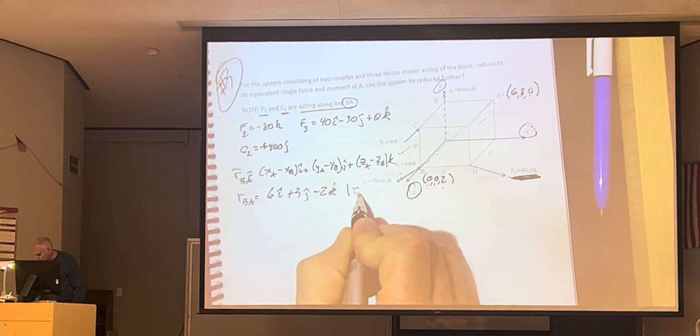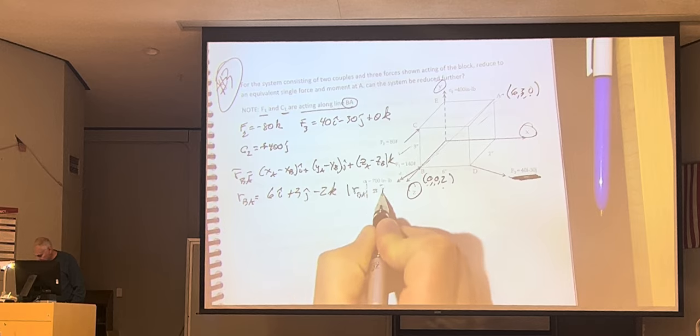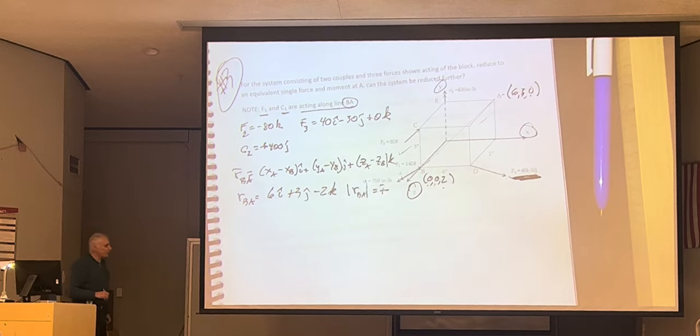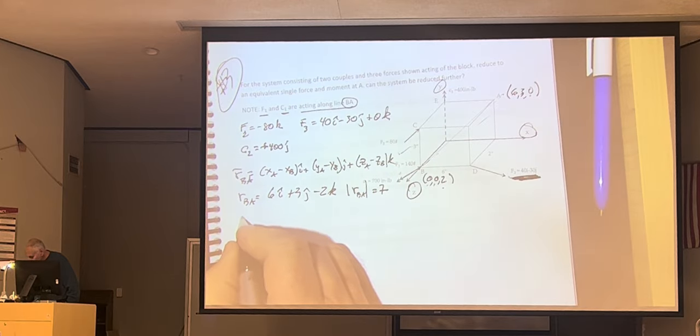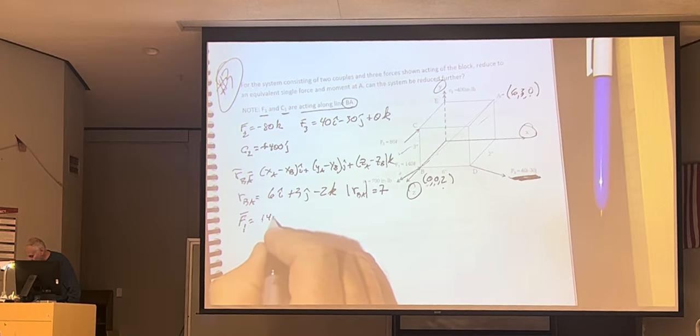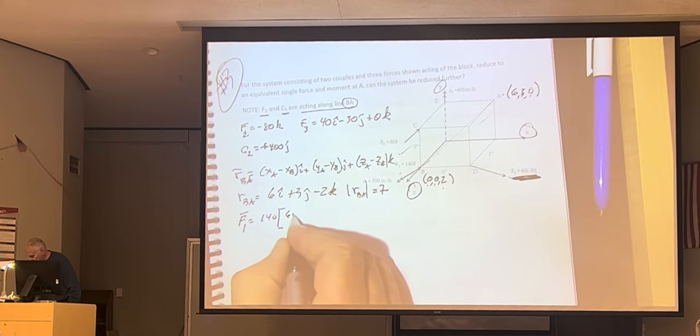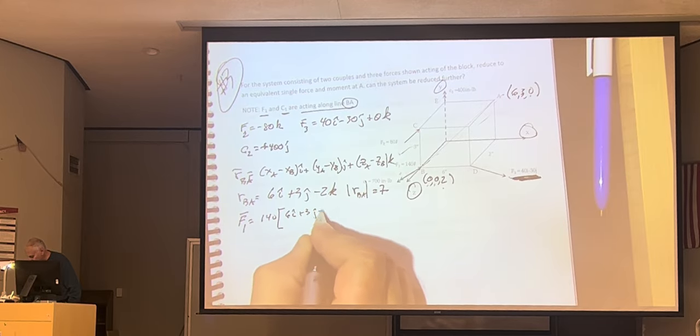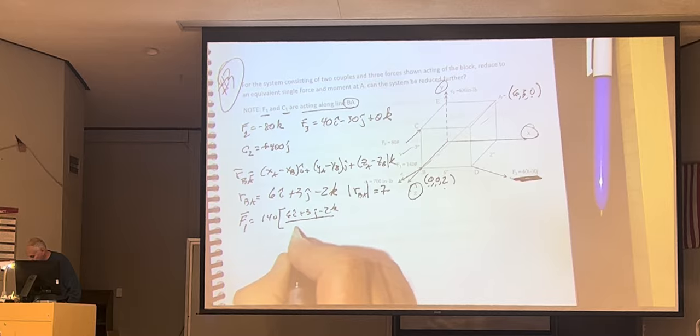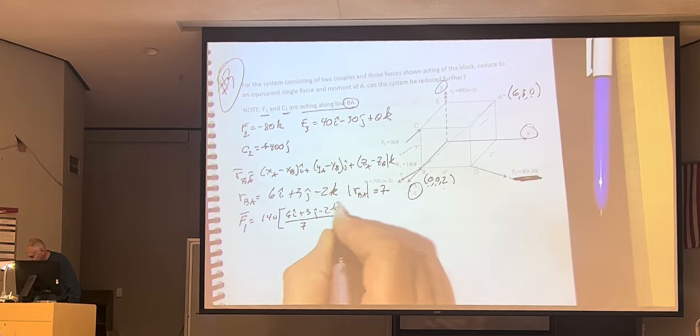Magnitude of this BA is 7. 6 squared, 36. 3 squared, 9. And 4. So F1 is equal to 140 times 6i plus 3j minus 2k, divided by 7.